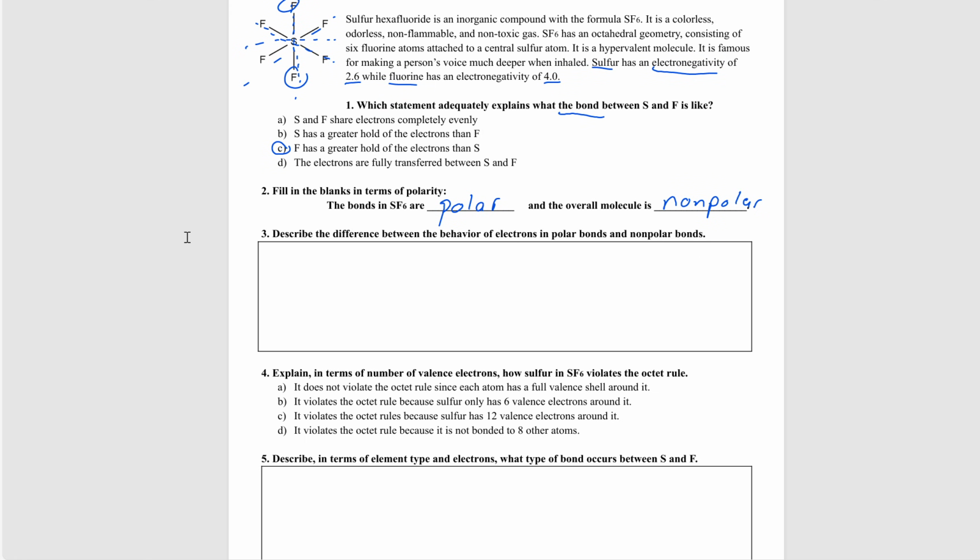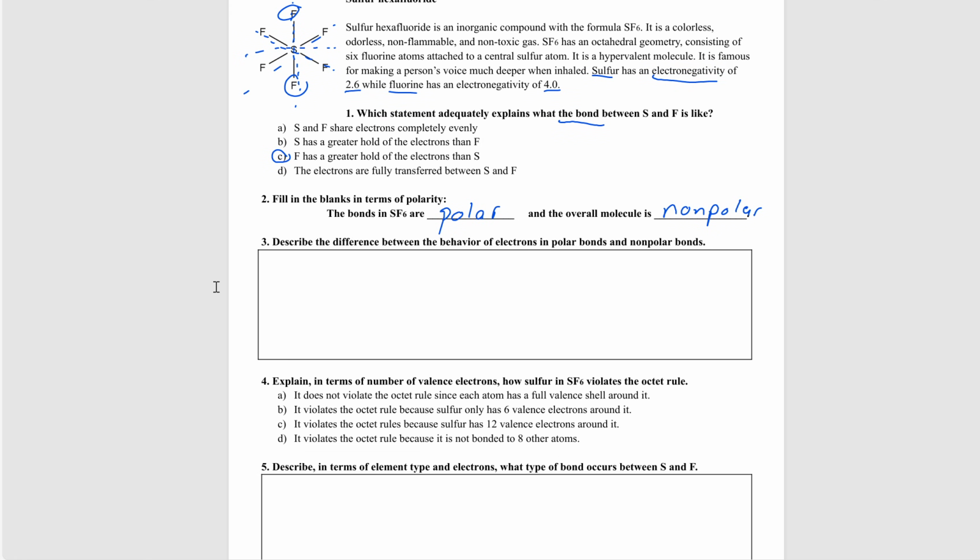So number three, describe the difference between the behavior of electrons in polar bonds versus nonpolar bonds. So in polar bonds, electrons are not shared equally, because for instance, fluorine is pulling on them harder than sulfur is.